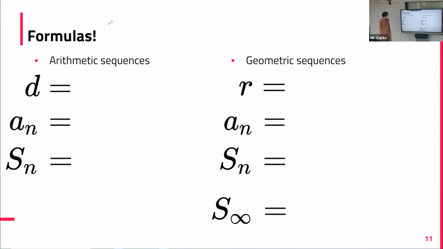It's 2 minutes. If you know the formulas well, that should be plenty of time to write them down.